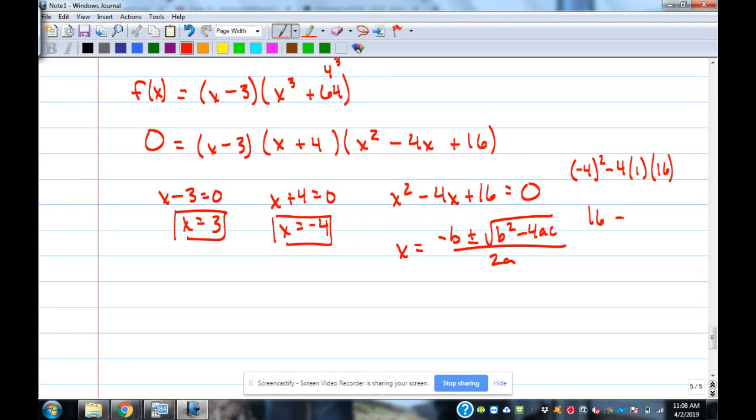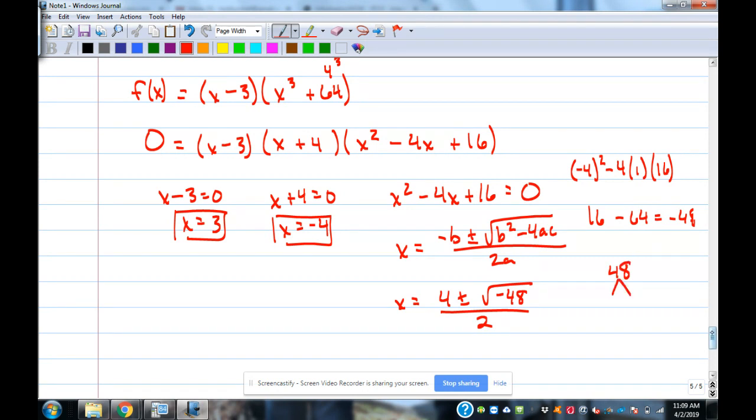That'd be 16 minus 64, right? And that'd be negative 48. And so we have x equals negative b, so that'd be 4 plus or minus the square root of negative 48 over 2.